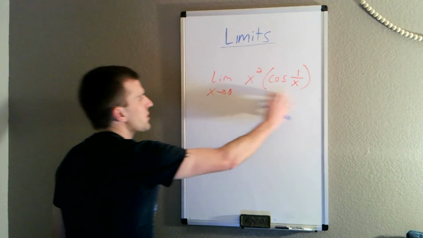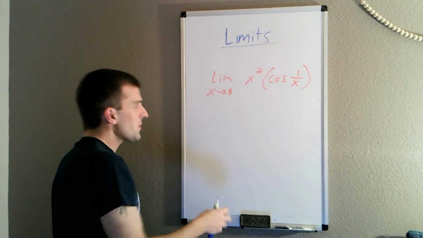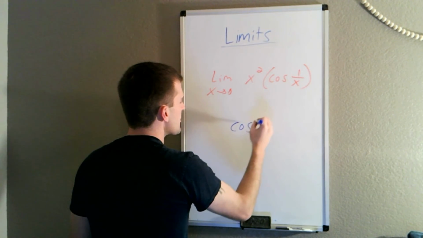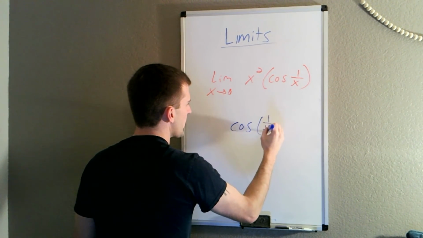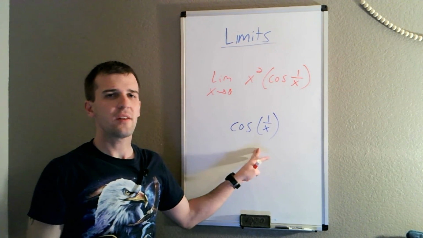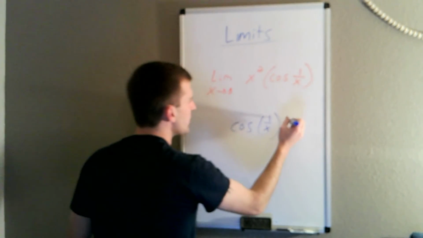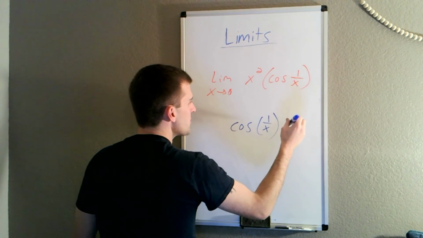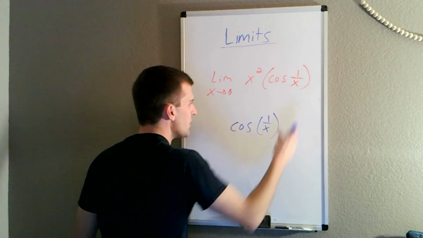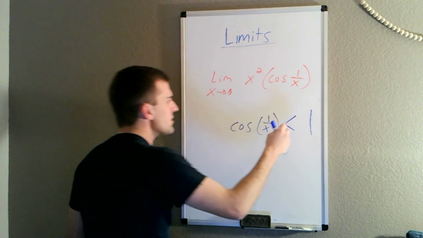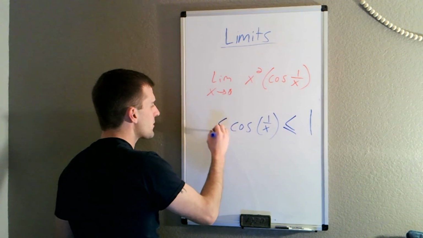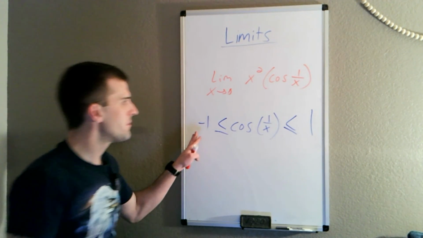So we have this weird equation, but let's start with cosine of 1 over x. So just consider cosine of 1 over x. So like we said before, cosine oscillates between 1 and -1. So you can say that this is going to be less than or equal to 1 and greater than or equal to -1.